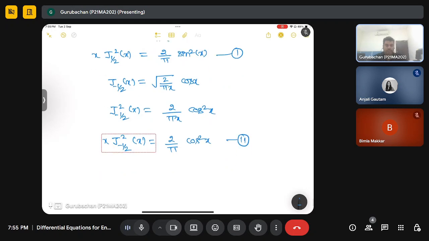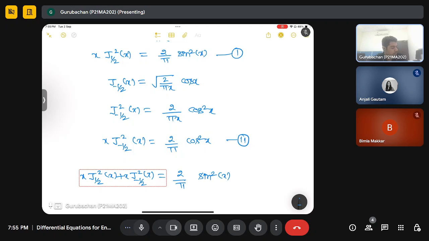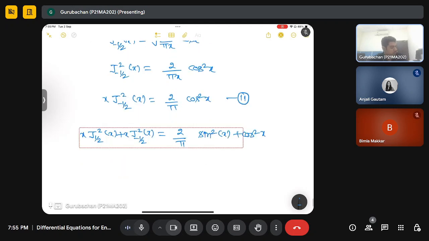We want to calculate the value of the addition, that is x J_(1/2)^2(x) plus x J_(-1/2)^2(x). This gives 2 by pi times (sin square x plus cos square x).